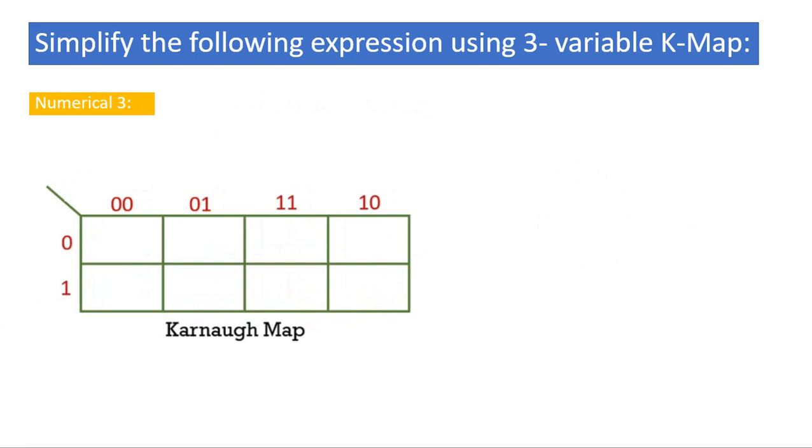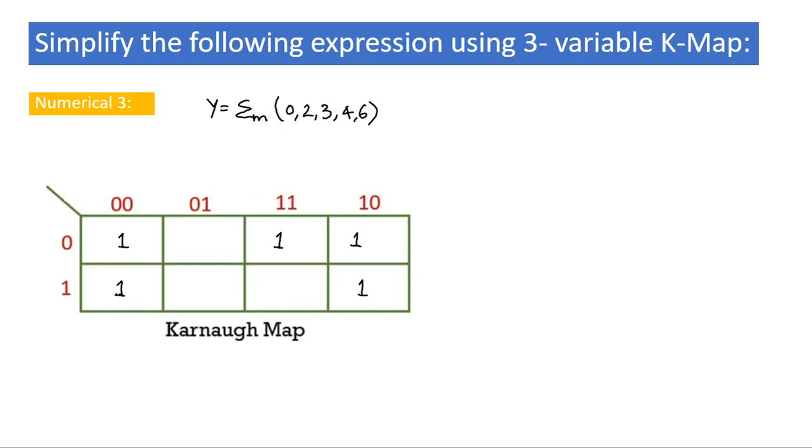You have the function which is given by y is equal to summation m 0, 2, 3, 4 and 6. So let me map 0, 0, 0, 1, 0, 0, 0, 1, 1, 0, 1, 0 and this one.